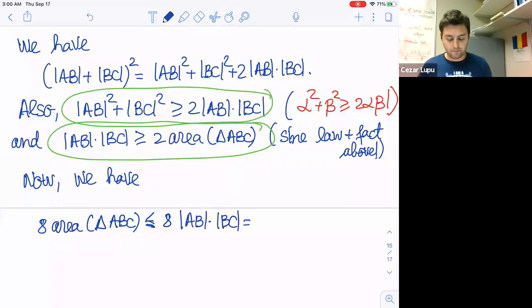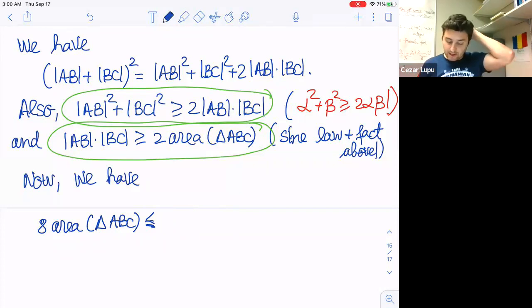Actually, no, let me do it like this so that it's clearer. Let me use the first and the second inequality, right?